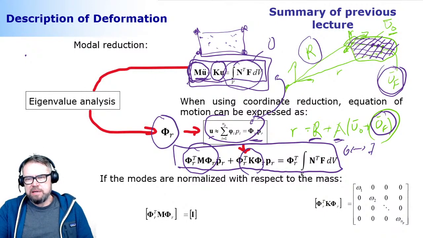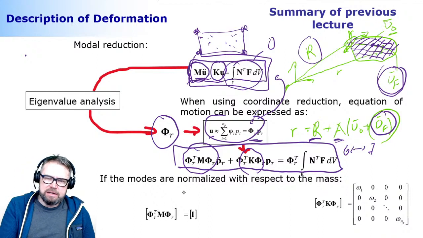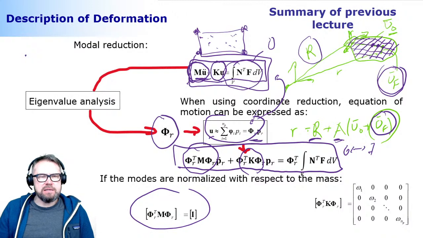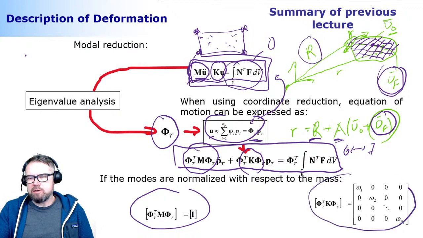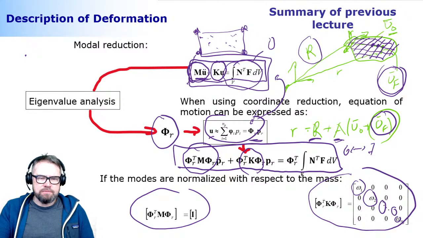This one here is a diagonal matrix as well. And if you do the mass scaling, then the mass matrix associated to modal coordinates is an identity matrix. When you do so, then the stiffness matrix associated to modal coordinates is the one where the eigenvalues are located in diagonal terms. Other terms are equal to 0.